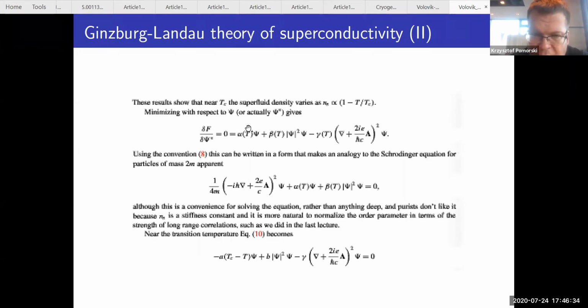Yeah, so alpha here is negative and beta positive. So such a function will be minimized by a non-zero superconducting order parameter. That's the phenomenology. This is the Mexican hat potential that you will see later.